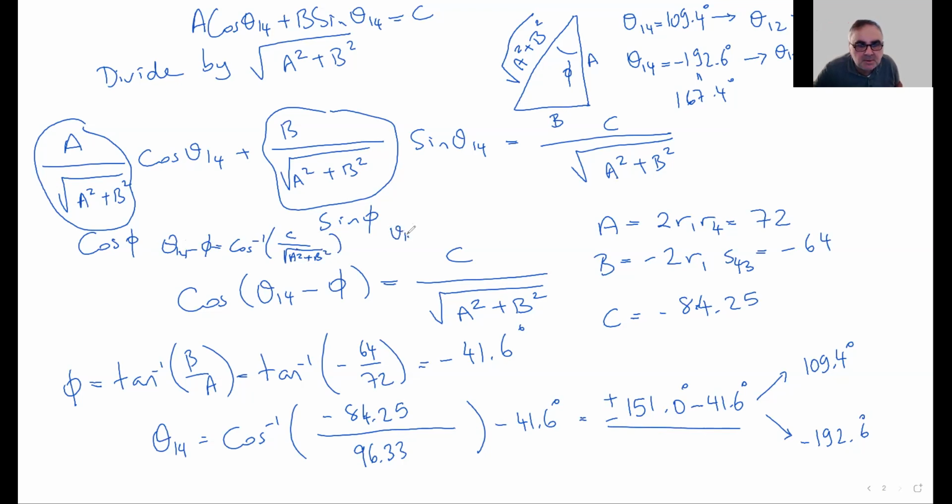Then theta 1,4 is cosine inverse of something plus phi. Okay, I get it. Thank you.